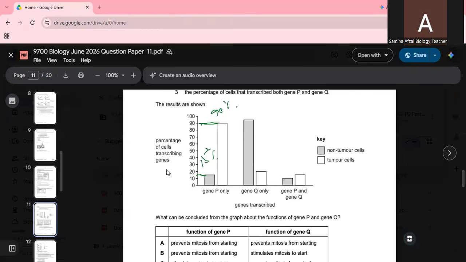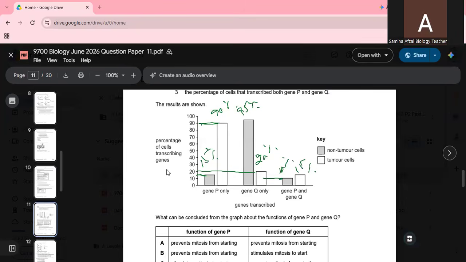In gene Q, the non-tumor cells are at more than 90%, around 95%, and the tumor cells are about 20%. For both P and Q, one bar is only about 10% and the other about 15%.